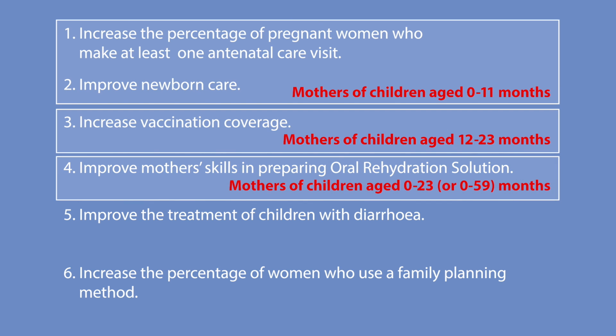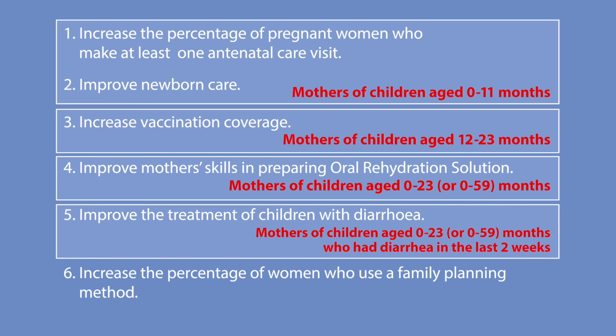Mothers of children 0 to 23 months or 0 to 59 months of age to assess their competency in preparing oral rehydration solution. Mothers of children 0 to 23 months or 0 to 59 months who had diarrhea in the last 2 weeks to assess whether they were rehydrated properly.